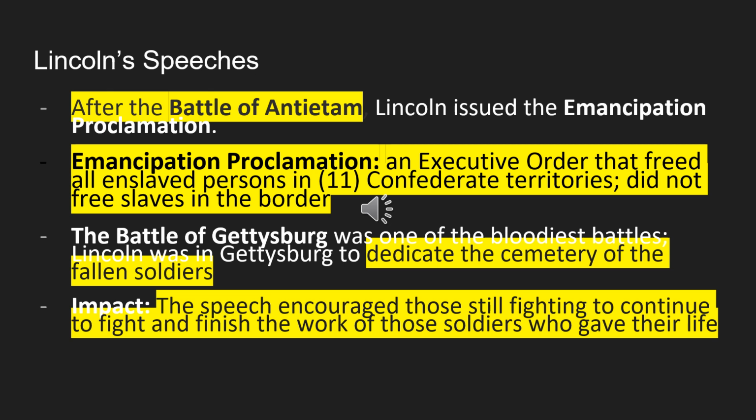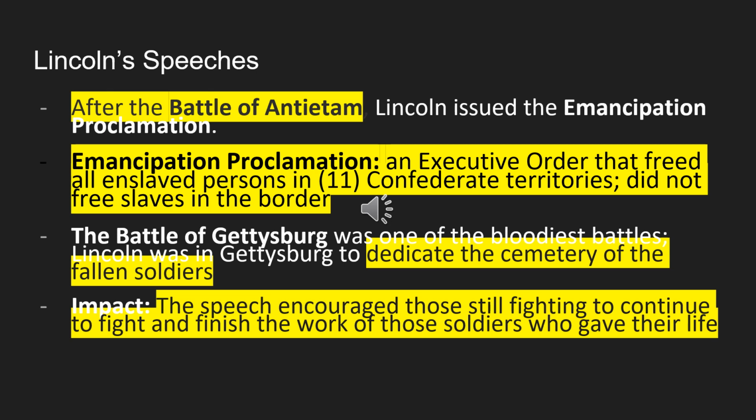So only in the 11 Confederate states are slaves free. He does not free slaves in border states. He does this because he fears if he frees the border states as well, the border states will leave the Union and join the Confederacy. So the executive order, the Emancipation Proclamation, will only free slaves in rebelling territories.